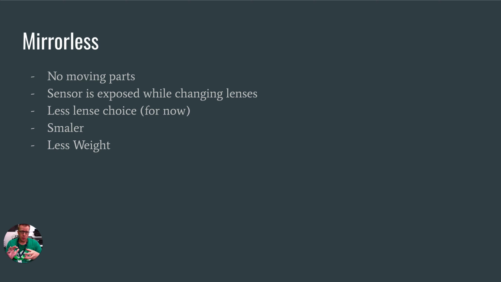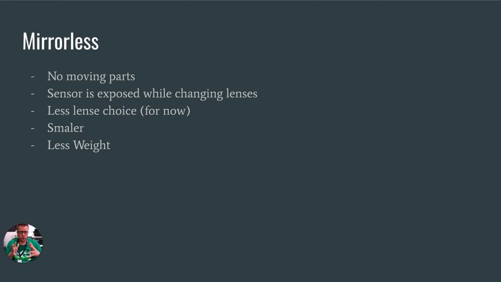As soon as you pop open the lens on a mirrorless camera, that sensor is exposed on top of a lot of the other sensitive electronics that are inside of the camera. And so you might not have any moving parts, but you have really sensitive electronic parts that if they get bumped, wet, dusty, whatever, kind of ruins the camera from there.